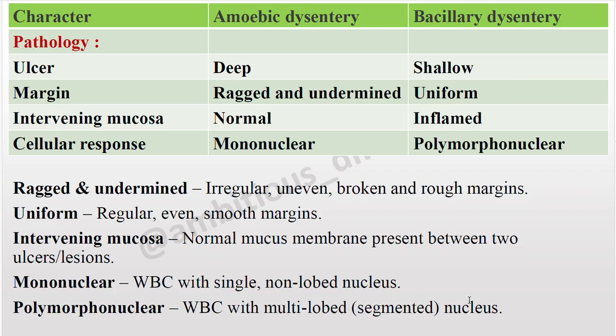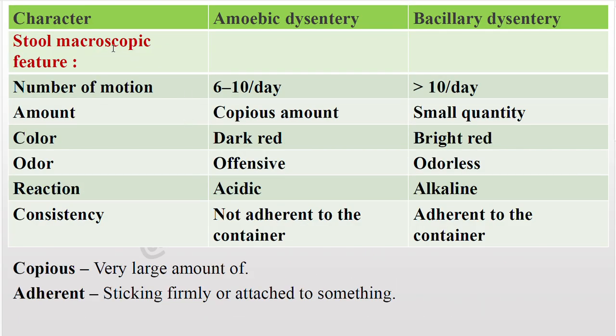Next, stool macroscopic features. In this, number of motions in amoebic dysentery is 6 to 10 per day and more than 10 per day in bacillary dysentery. The amount is copious, copious means very large amount, in amoebic dysentery and small quantity in bacillary dysentery. The color is dark red in amoebic dysentery and bright red in bacillary dysentery.